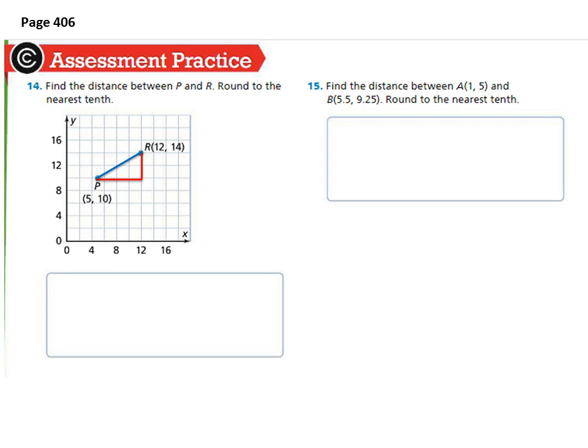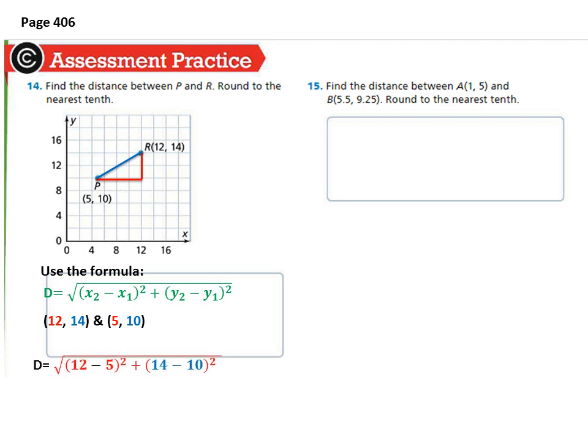We have 2 points, so use the distance formula. Here it is. Subtract the x minus the x, the y minus the y, then find the square root of the sum. So it's the square root of 12 minus 5 squared plus 14 minus 10 squared.